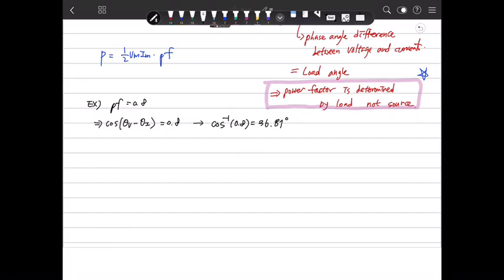Cosine is an even function, so to satisfy this power factor there are two load angles. Here, theta V minus theta I can be 36.87 degrees, or it could be minus 36.87 degrees. Why? Because cosine is an even function.